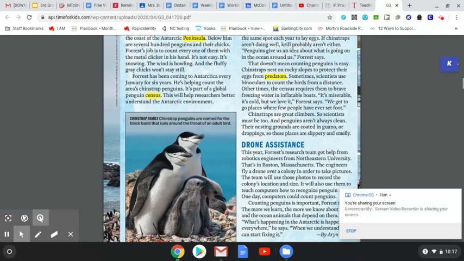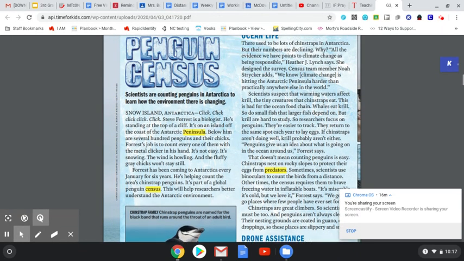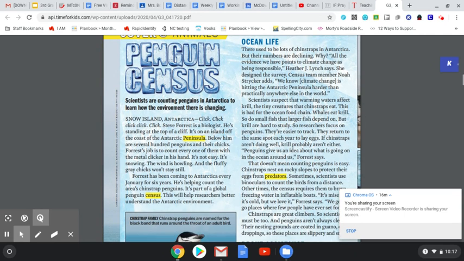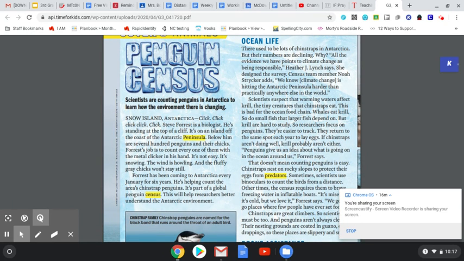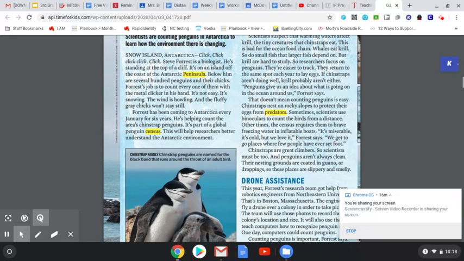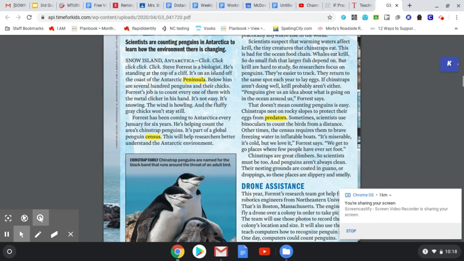And they also studied the ocean and how climate change is affecting the animals in the ocean and what the penguins and other larger animals eat. Okay, so when you reread this article, you need to make sure that you pay attention to the important titles, the important headings, the captions, and the pictures, and the captions inside of the pictures.